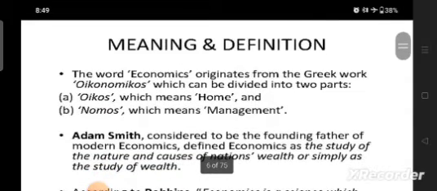As I said, economics originates from the Greek word oikonomia. Oikos means home and nomos means management. According to Adam Smith, the father of modern economics, economics is the study of the nature and causes of the wealth of nations, or simply the study of wealth.